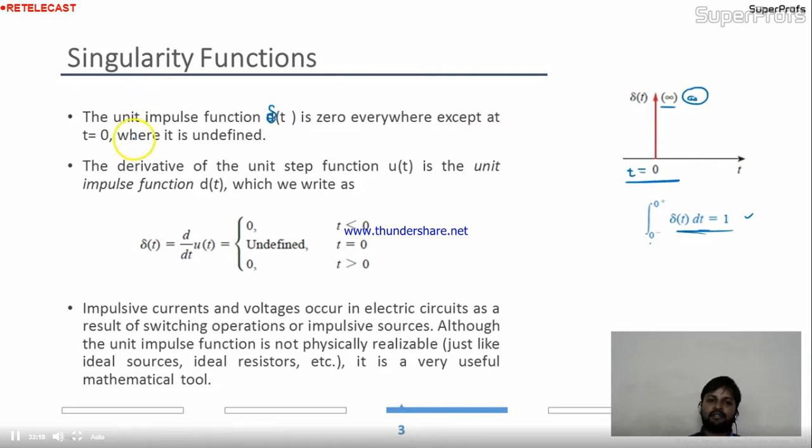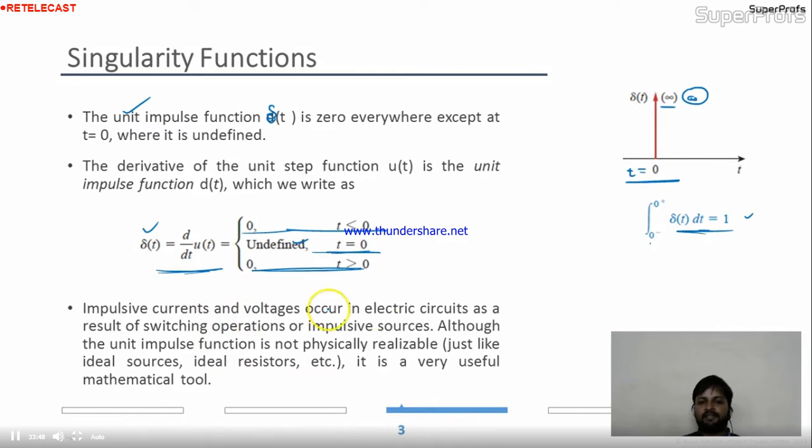So for the unit impulse function, the magnitude at t equal to 0 is infinity, but the area is 1. Okay. So the impulse function is nothing but the derivative of the unit step function. For t less than 0, the value is 0. For t greater than 0, the value is 0. For exact t equal to 0, it's undefined because it's infinity.